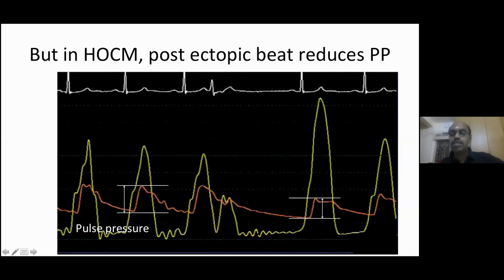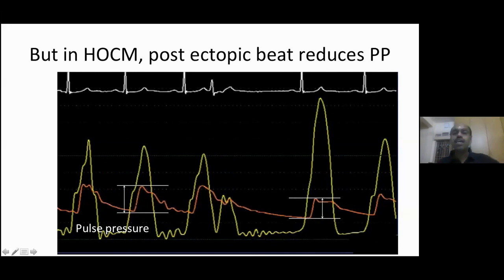So the lower systemic vascular resistance results in lower diastolic pressure. The next beat has a compensatory higher left ventricular stroke volume. The higher left ventricular stroke volume results in higher Frank-Starling law activation, resulting in extremely high LV contractility.